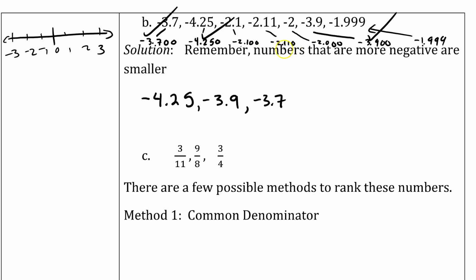So my next one is going to be -2.11, and then the next smallest is going to be -2.1. Then we're at -2, as it states in the original question, and then we have -1.999. Done.